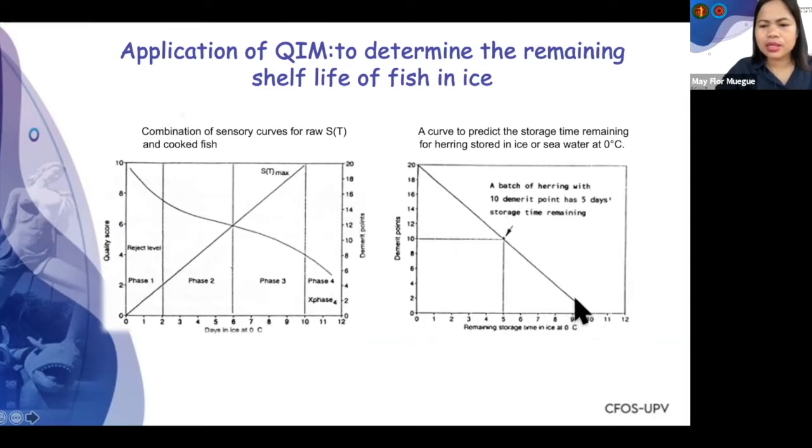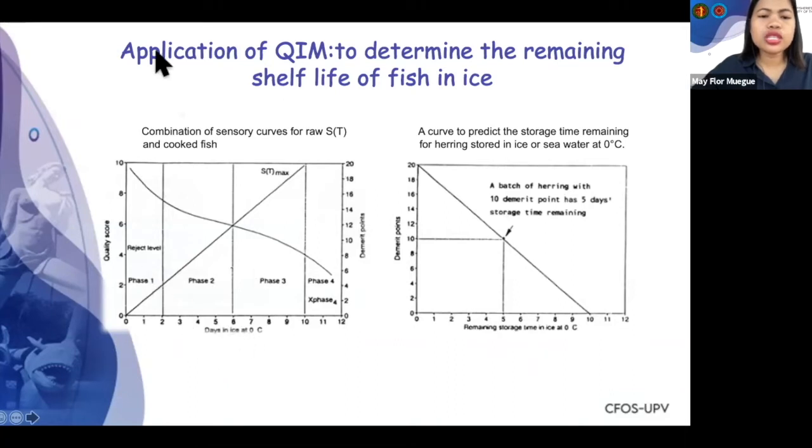Halimbawa naman, yung score mo is 20 na. So ito yung remaining days in ice, hindi mo na siya pwedeng i-keep pa further sa ice kasi deteriorated or nag-stale na yung product. So any question with this graph? Hindi ba kayo na-confuse? So ito, remaining days, storage time in ice. Ito naman, days in ice.